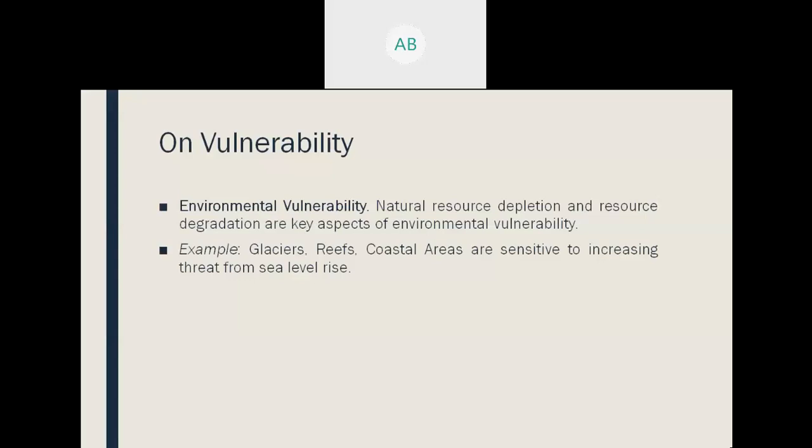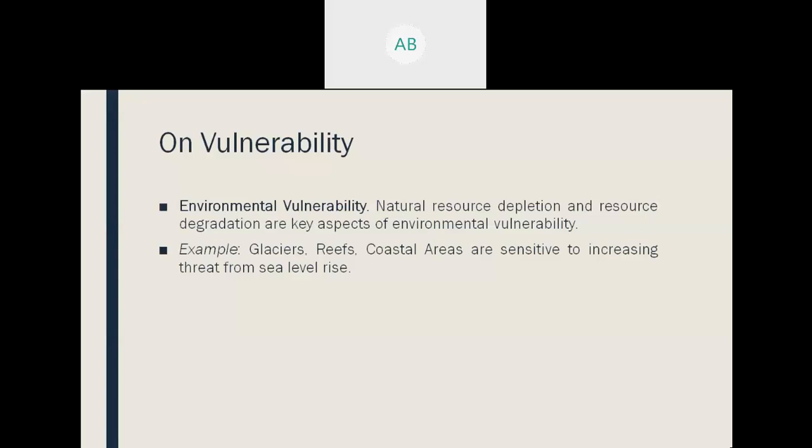Why? Because these environments are inherently more vulnerable than other environments. For example, if the temperature is rising all over the globe, imagine it is rising at an average rate, even then the glaciers or the coral reefs will be more affected than the tropical or subtropical climates.